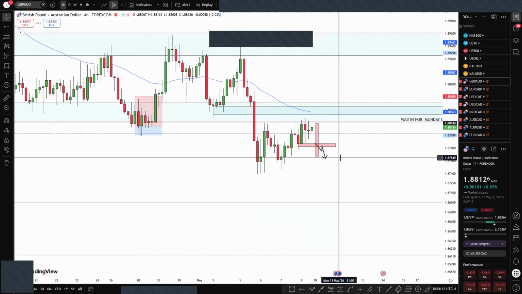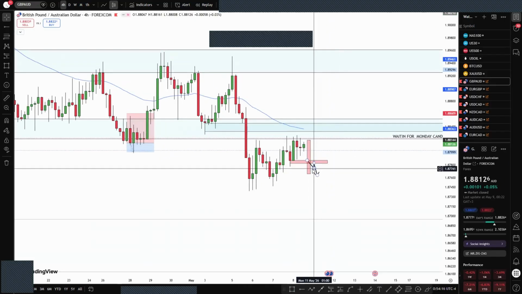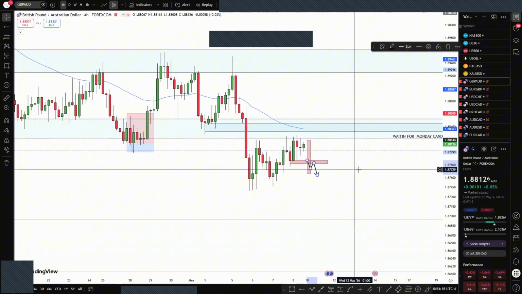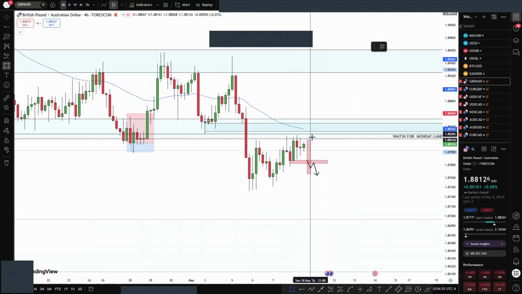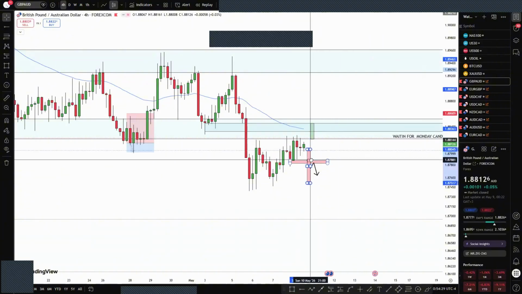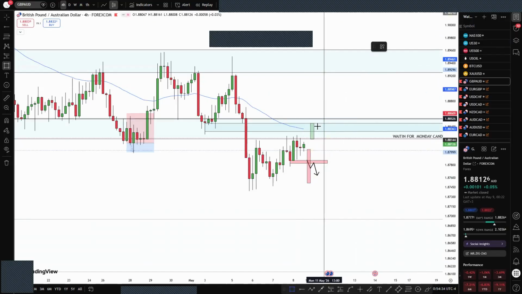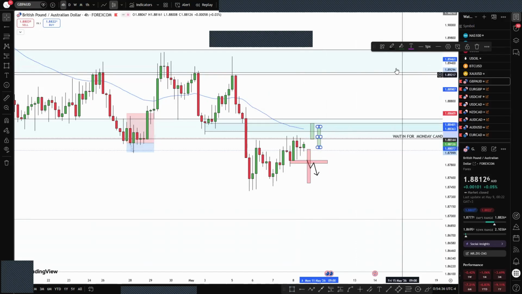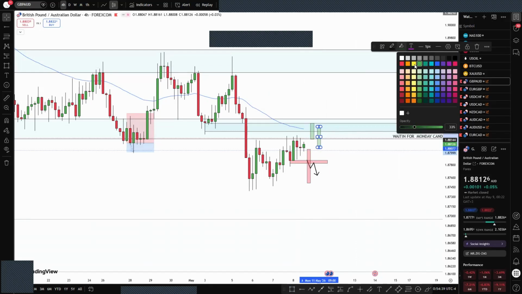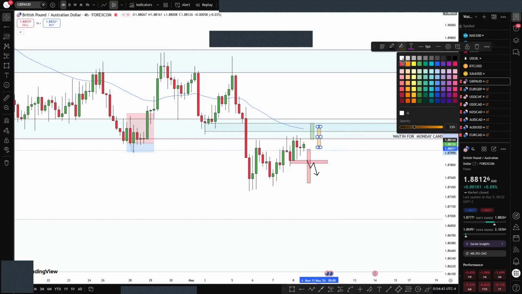So then I was saying it's either price will give us an engulfing candle on Monday, or it might retest deeper inside this level, and then it might retest deeper in that level, and then give us the engulfing candle we need as our signal to sell in the daily time frame.